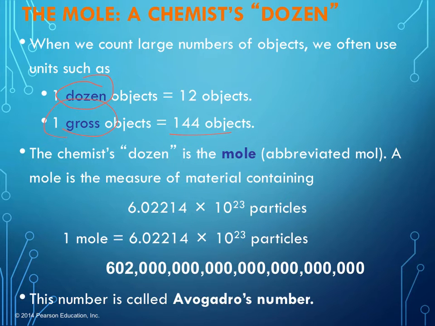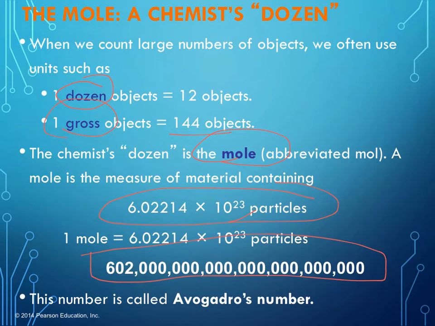That would not be very convenient. So in the paper world, that would be a ream, which is 500 individual sheets packaged for us. Well, in the chemist world, a mole, and that convenient unit happens to be 6.02 times 10 to the 23 particles. That's a lot of atoms, but that's how many atoms or molecules we need in order to have enough to weigh out and work with.